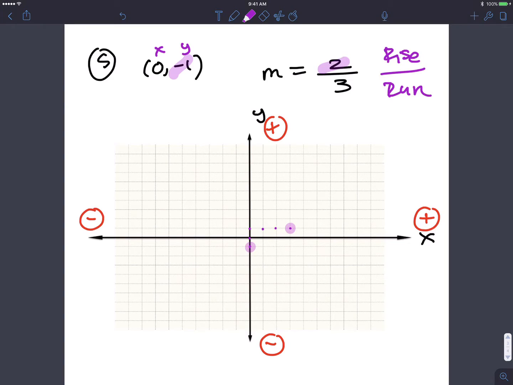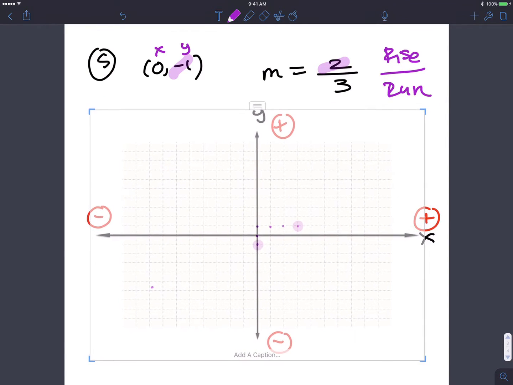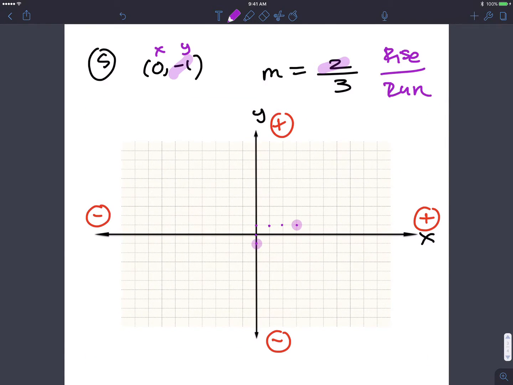This is the location of the next point. Let's draw our line. Let's hope this iPad cooperates. It's good enough. Here's our line.